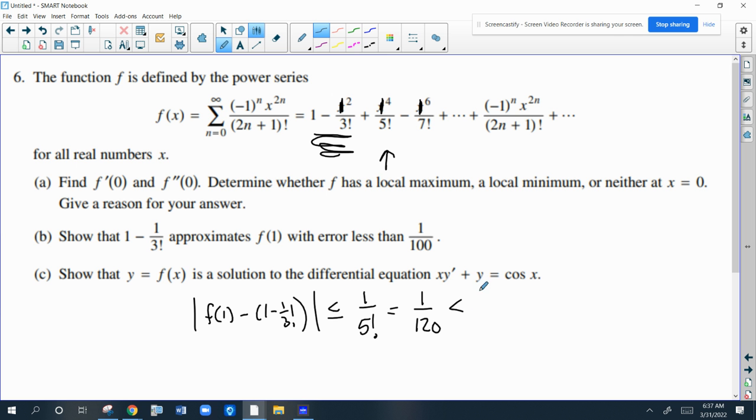And that is most definitely less than 1 over 100. So there you go.